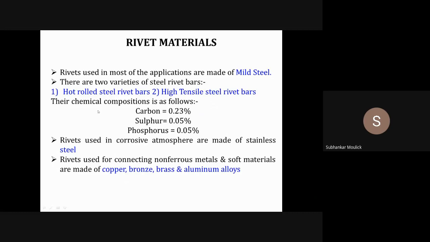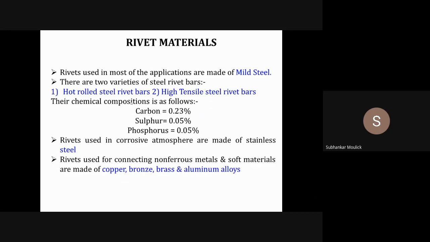Chemical composition of hot rolled as well as high tensile steel rivet bars are: carbon 0.23%, sulfur 0.05%, and phosphorus 0.05%. Please remember these values.